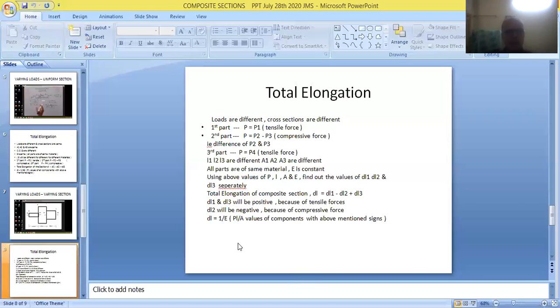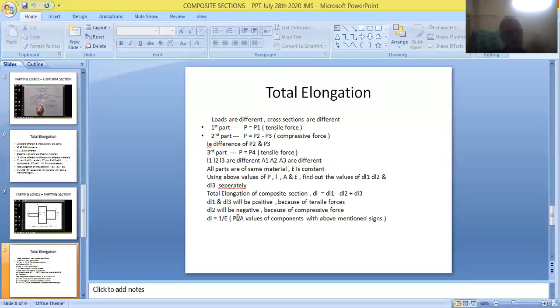And Young's modulus, friends, is the only thing that is common for all the components in this topic. So the value of capital E is coming out of the bracket. P values are different, L values are different, A values are different, varying cross sections and varying loads.